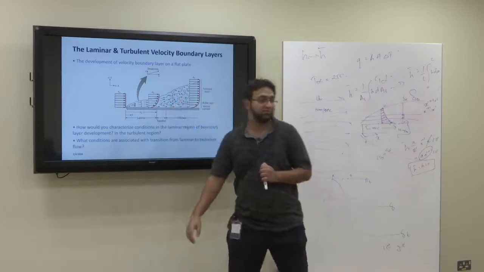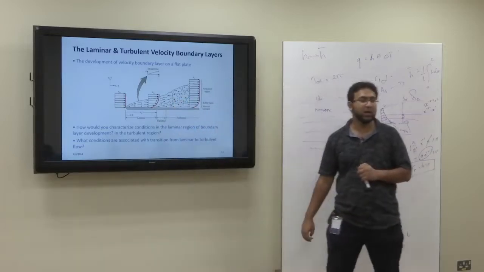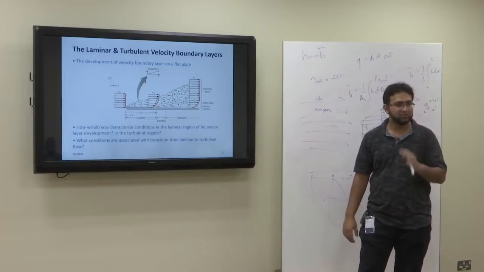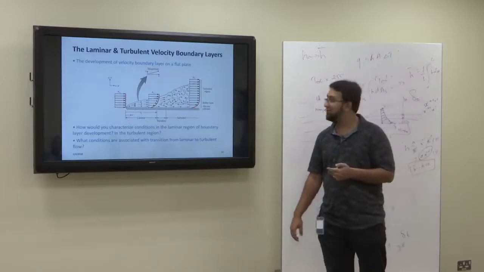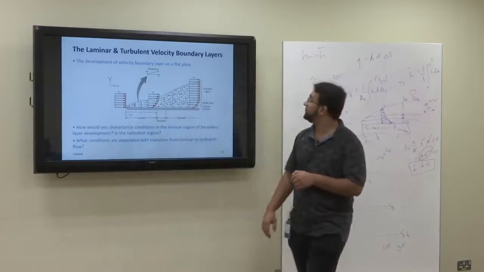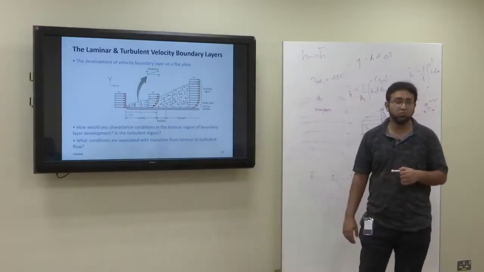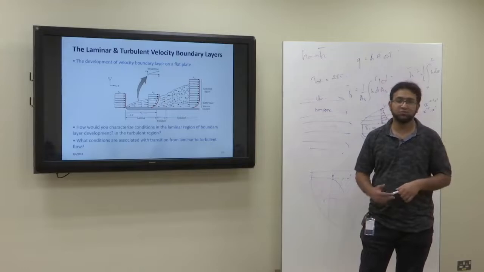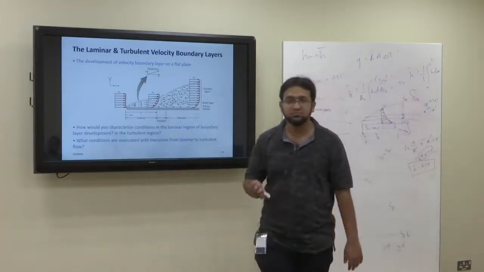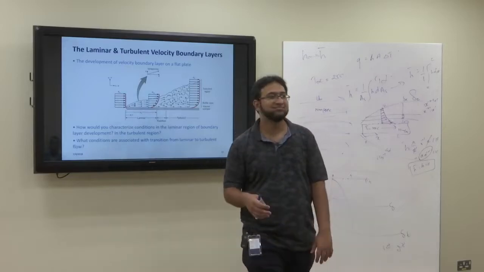Okay, now there's one concept which you have definitely gone through in fluid mechanics: laminar and turbulent boundary layer. So what is a laminar flow? What is a turbulent flow? What do you know about it? It's like, you know, the number constant.